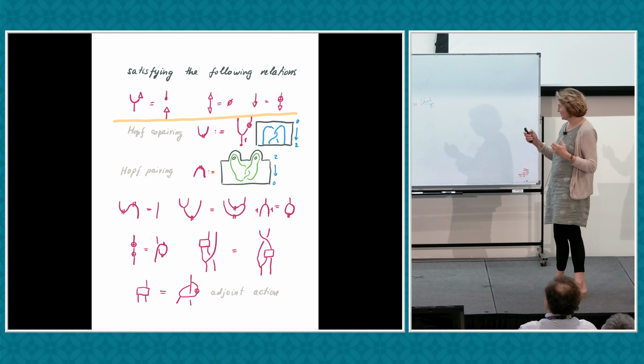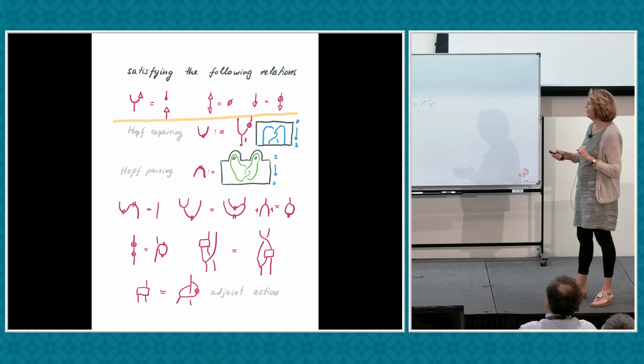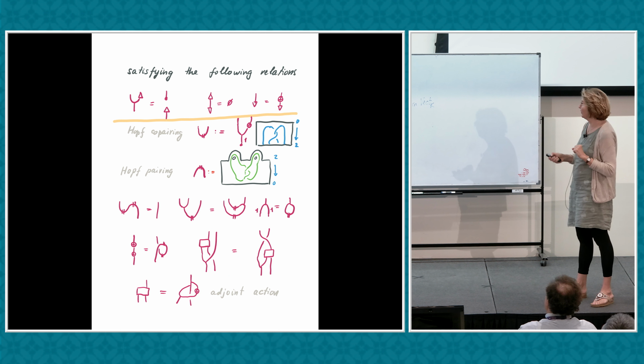And so instead, he was considering so-called Hopf pairing and Hopf co-pairing. Hopf pairing you can define through the generators I had already. So this is a morphism like this, and Hopf pairing is a surgery on the Hopf link. If you introduce this algebraic notation for this Hopf pairing and co-pairing, the Hopf pairing should be non-degenerate, meaning this zigzag axiom holds.